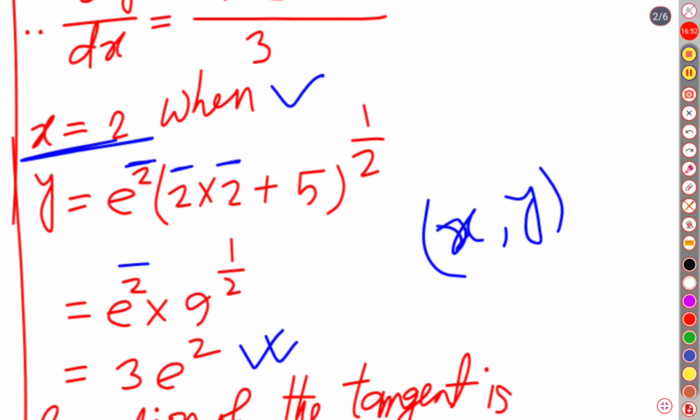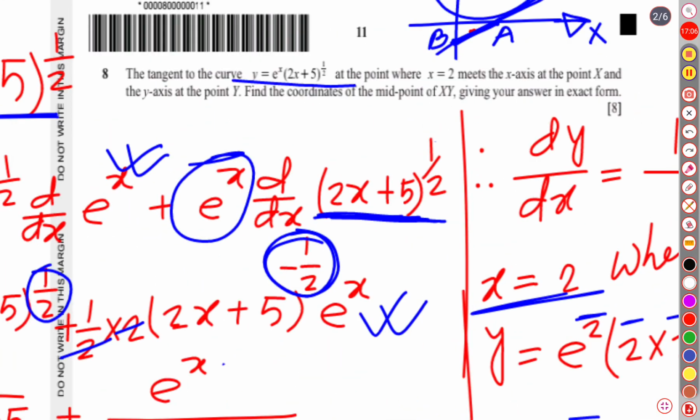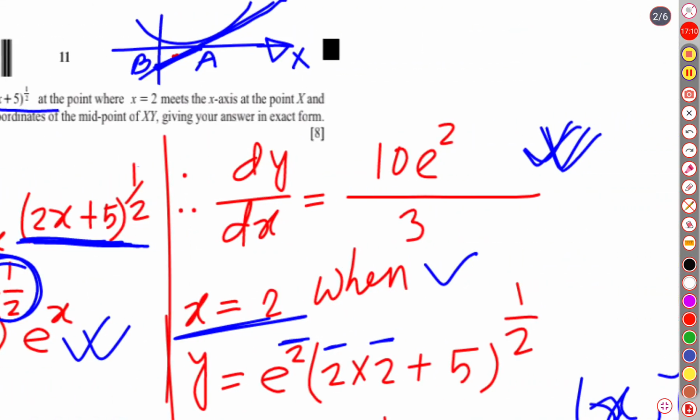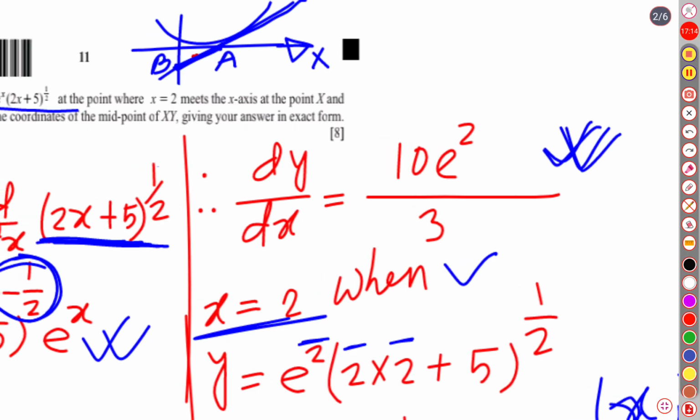x was 2, or let me write it just below this, x is 2. And y we have obtained is 3e². So using these 2 points from the graph, suppose this point here, x equal to 2, let me mark it with different ink.